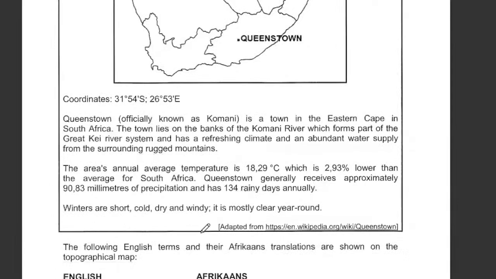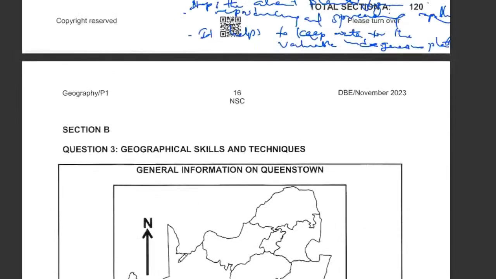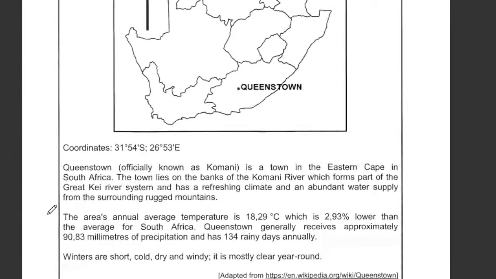Okay. We go to the last question, which is Mapwork. You have to be in a position to analyze this and read this information. Queenstown, officially known as Komani, is a town in Eastern Cape, South Africa.